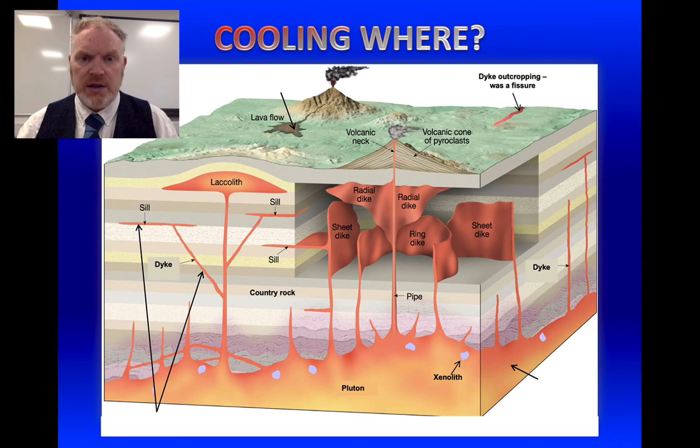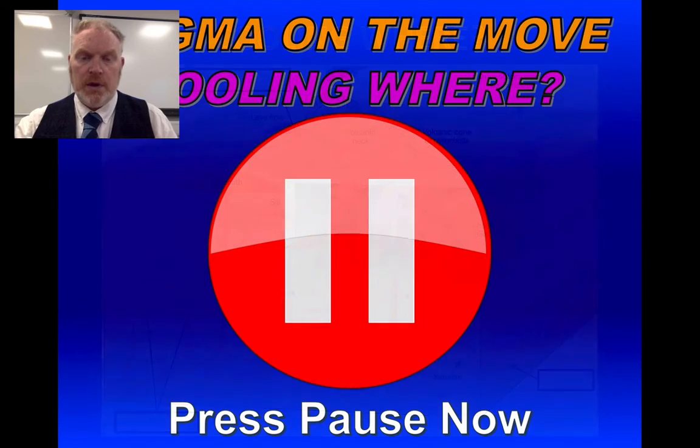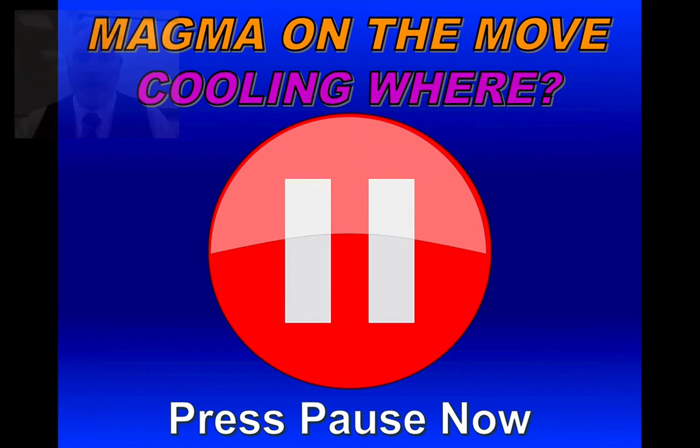Where are we going to find the finer grained rocks? So you should fill each of those boxes with the name of either one or more igneous rocks that might form there. Press pause now and have a go at that.